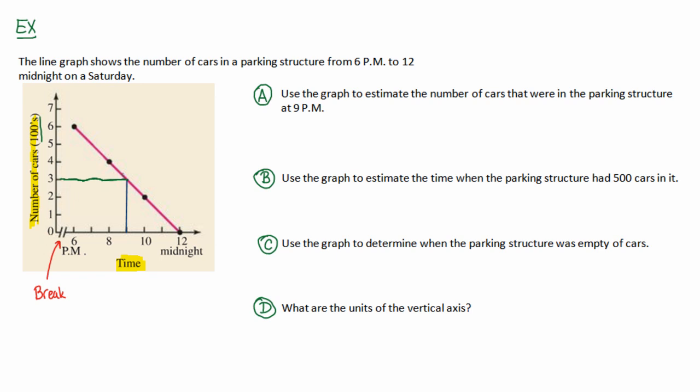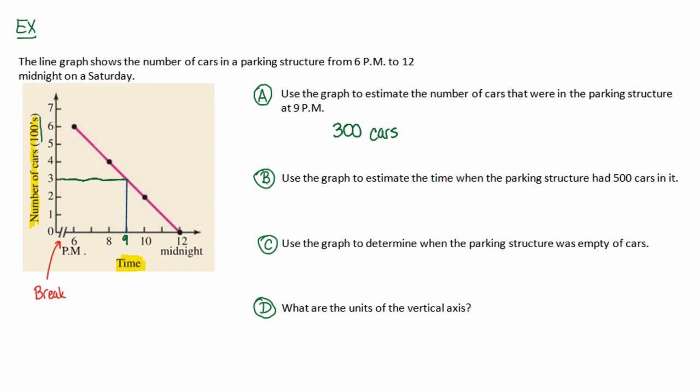I'm looking at what number that corresponds to on the vertical axis. I see that when the time is 9, we have the number 3, which represents the number of hundreds of cars. So in reality, we have 300 cars. So at 9 p.m., there were 300 cars parked in this parking structure.